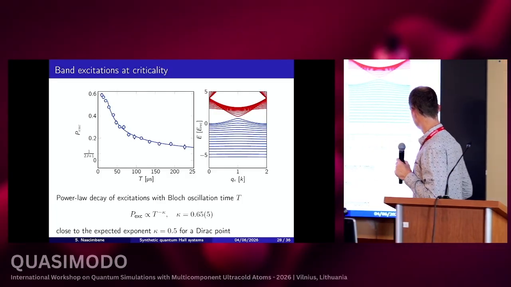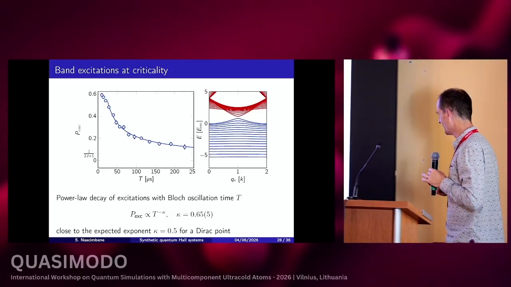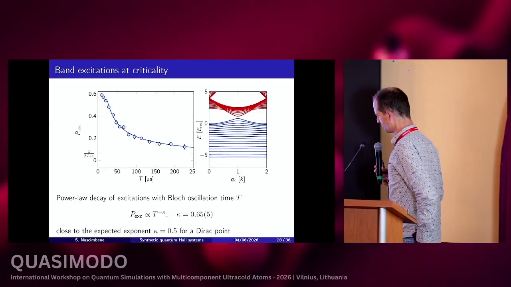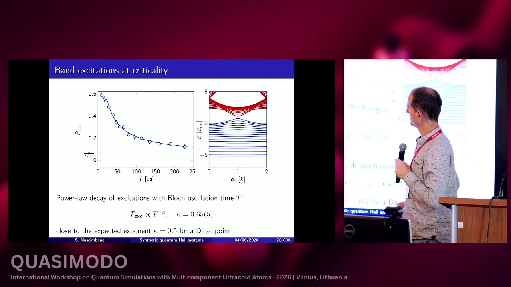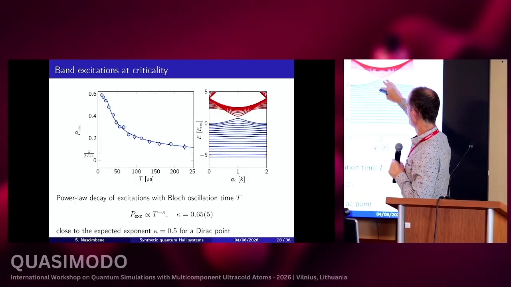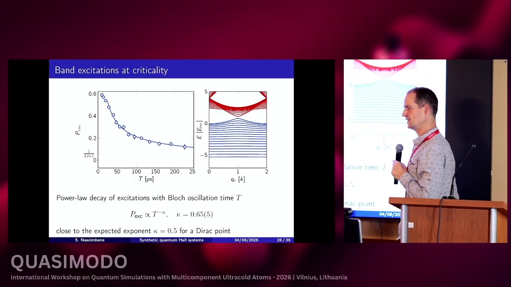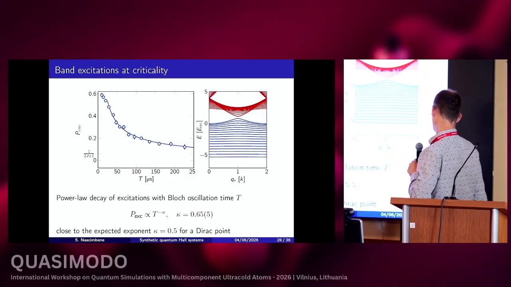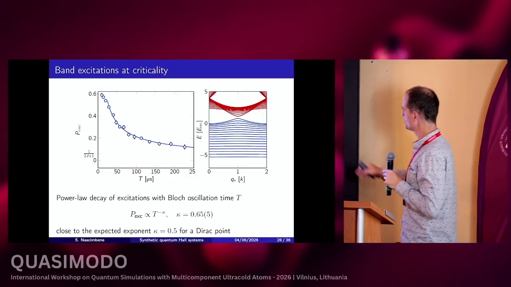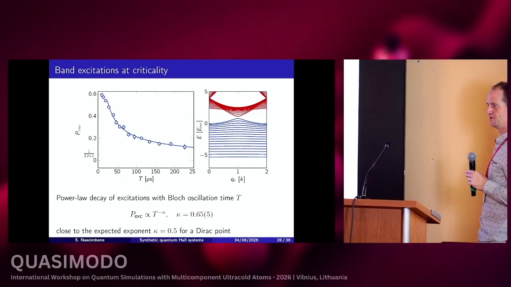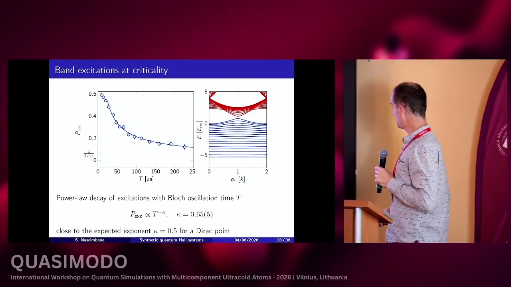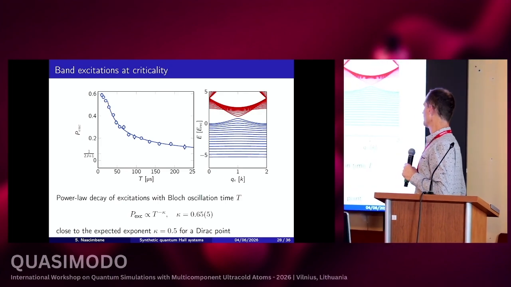Actually, it seems that I'm out of time, so I will have to skip the following. But the decay that we measure is characteristic of the way the gap closes, which occurs via a Dirac point, which we don't see here very well, but in a sense, it's a discretized version of a Dirac point in a system with a finite synthetic dimension.